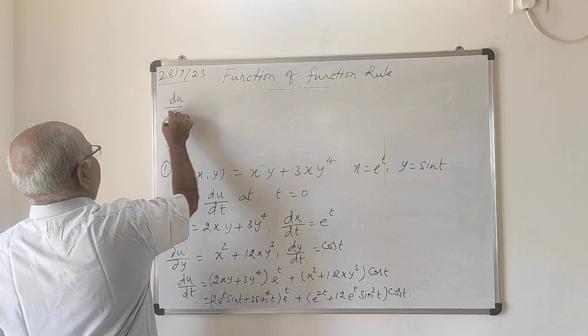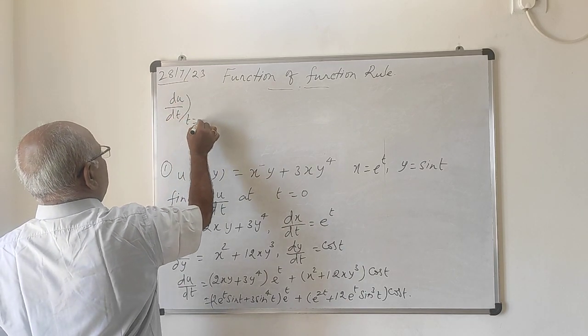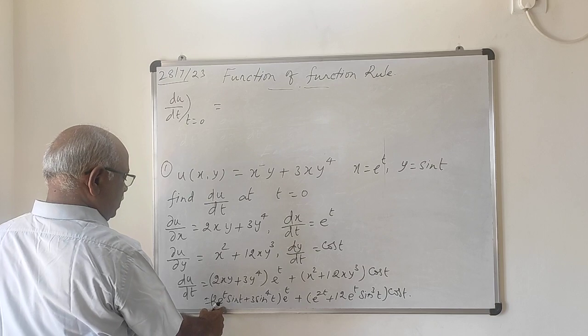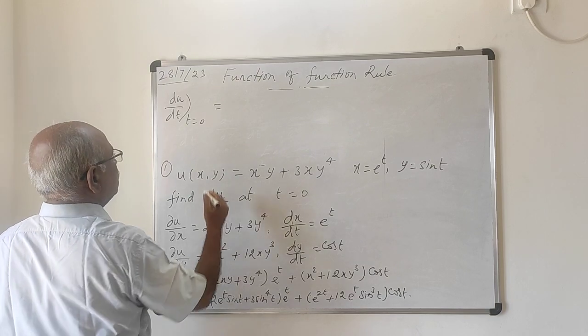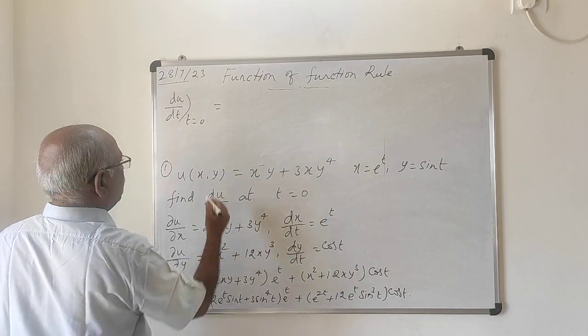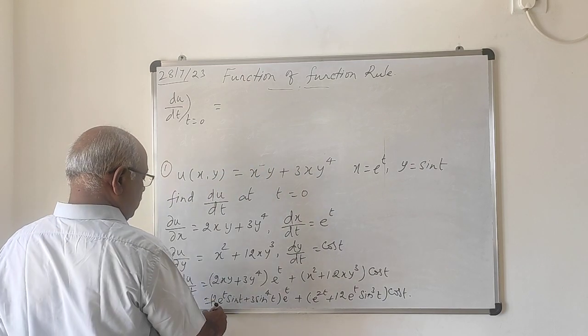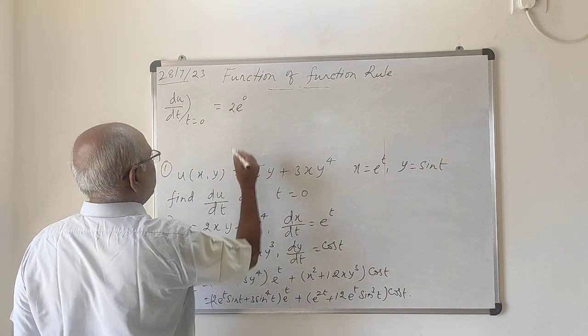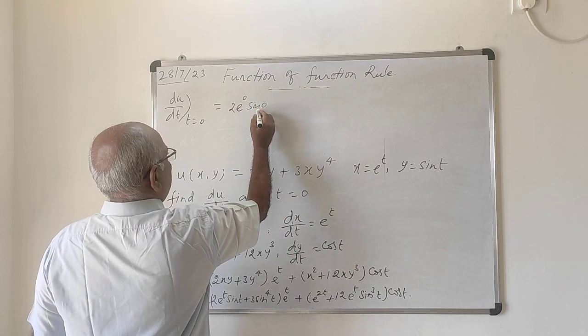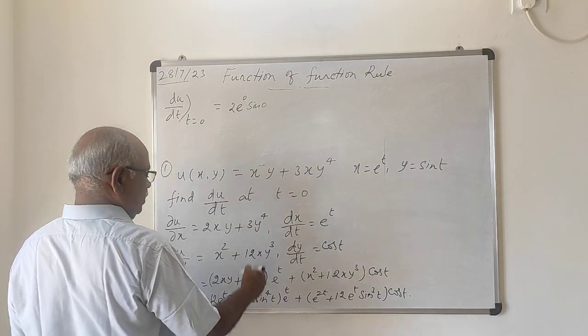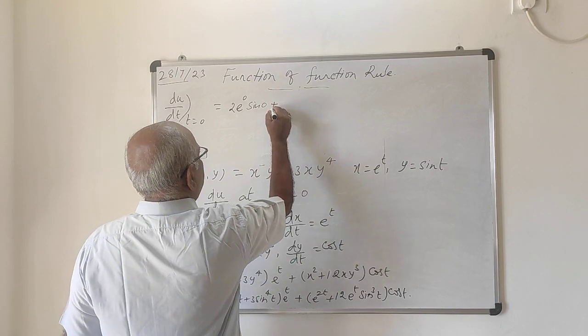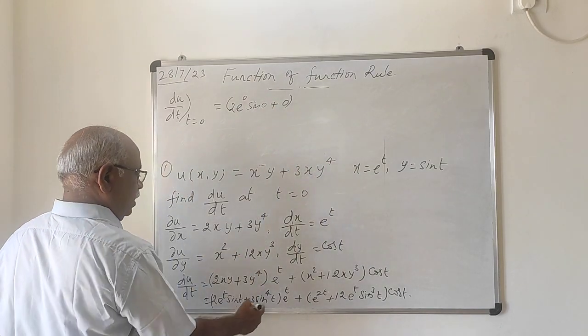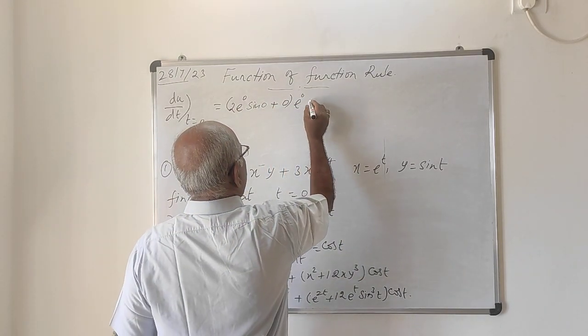So du by dt at t equal to 0 equals 2 e power sin 0, that is 2 e power 0, which is 1, into sin 0, and sin 0 is 0. Therefore the entire term is 0. Sin 0 is 0, therefore 3 into 0 is 0, into e power t, which is e power 0.